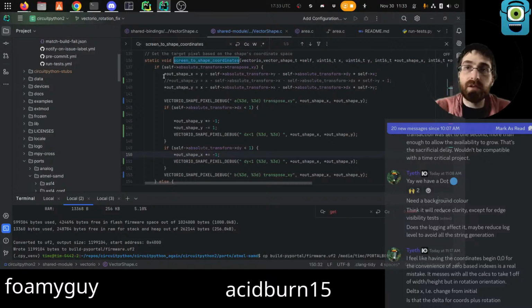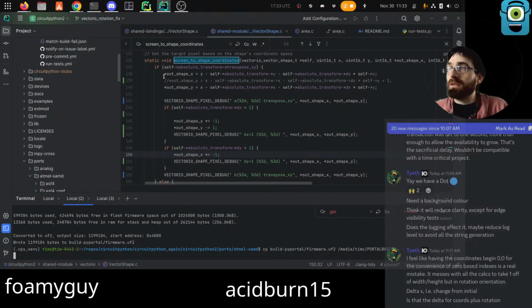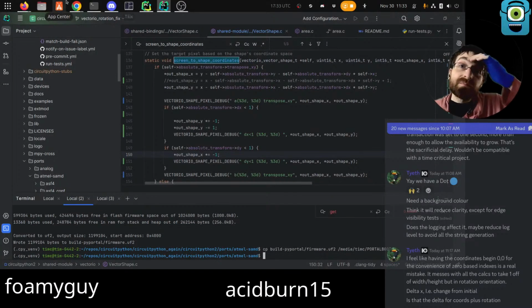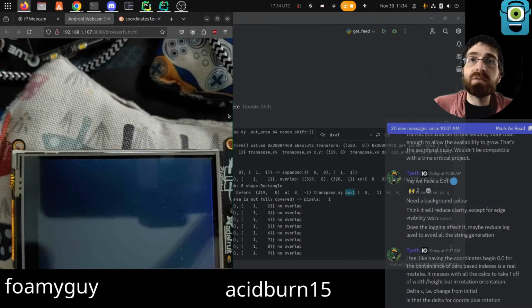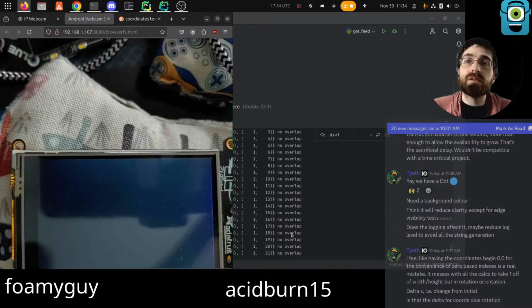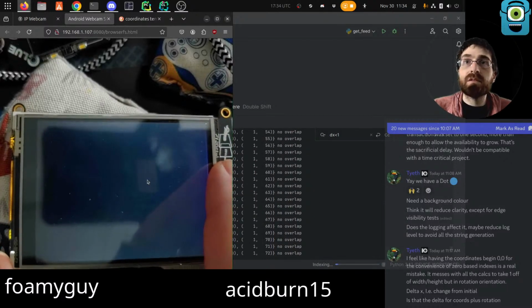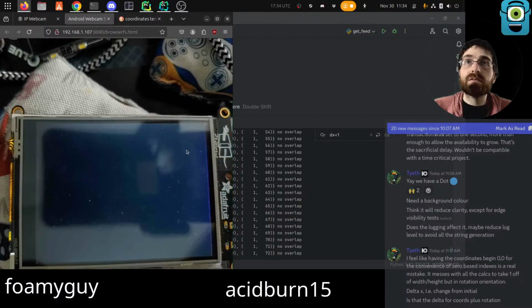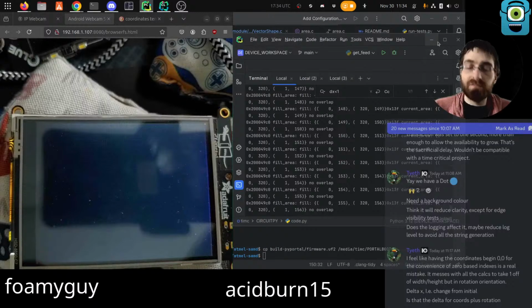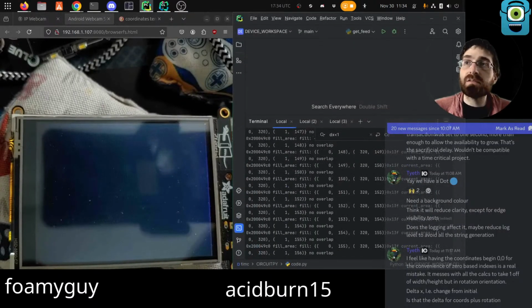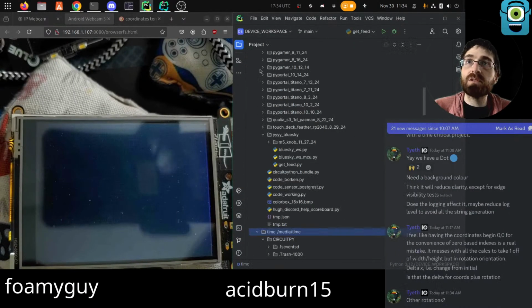All right, we are in bootloader. We should be back to the pixel, yeah. So we are back to the pixel. Did I even try 270 with the pixel one?